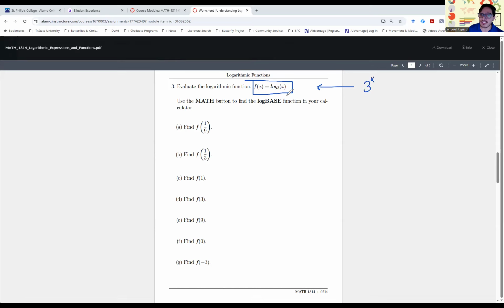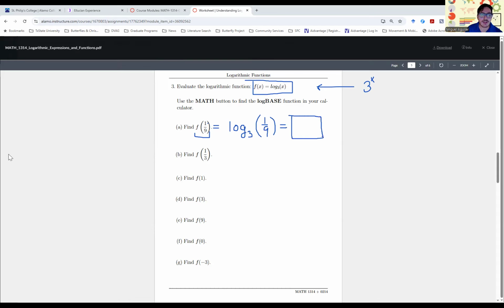This log function is its inverse, okay? So you're going to use your calculator and for these, type in log base 3, because that's the function we're working with. And then if you see evaluate f of 1/9, we're just going to put 1/9 inside the logarithm and then figure out what our y value is.